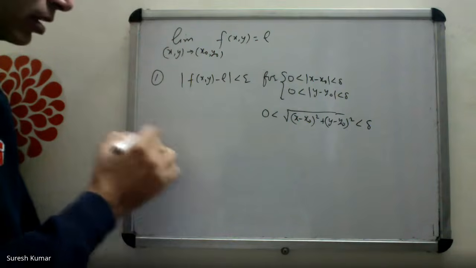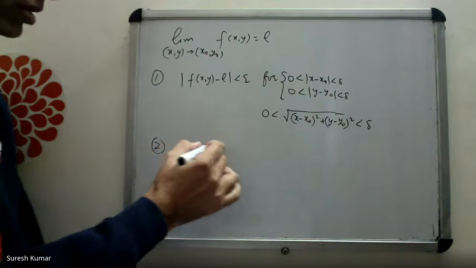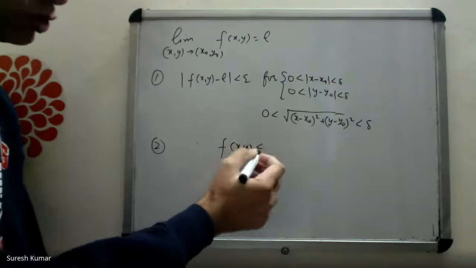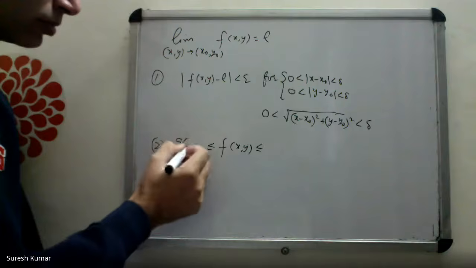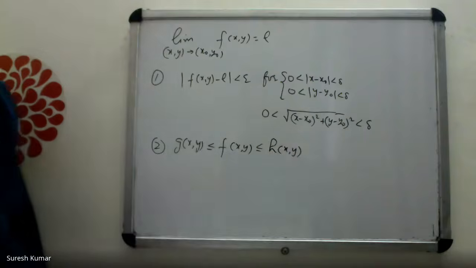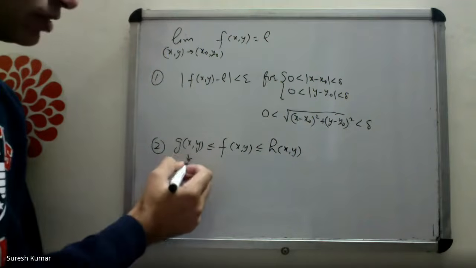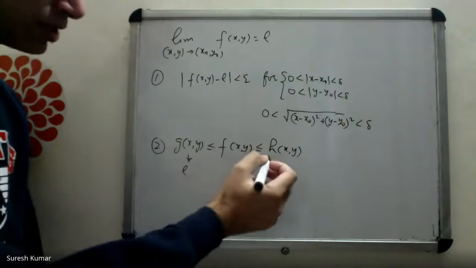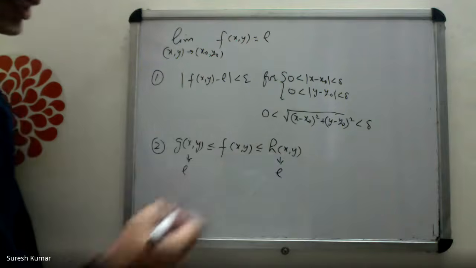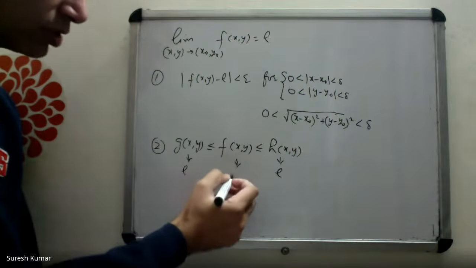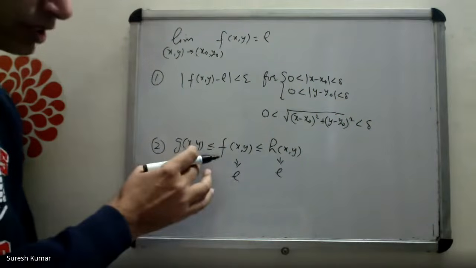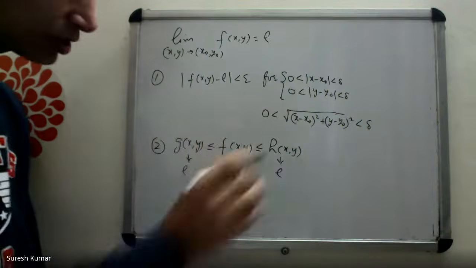Another way is the sandwich theorem. In the sandwich theorem, first, in the neighborhood of (x0, y0), establish this inequality. After that, if the limit of g(x,y) is L as (x,y) goes to (x0,y0), and the limit of h(x,y) is also L, then using the sandwich theorem, you can say that the limit of f(x,y) is also L. But the difficulty is you need to think of these two functions.